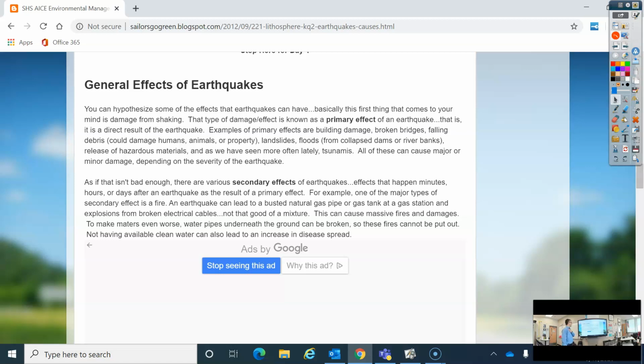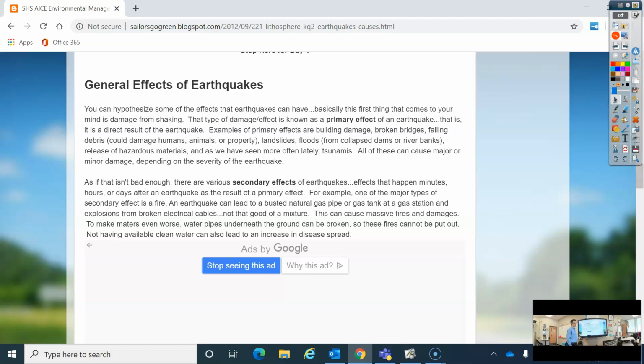For example, one of the major types of secondary effect is a fire. An earthquake can lead to a busted natural gas pipe or a gas tank at a gas station, and then if there's any kind of spark, which often happens with an earthquake, that can cause a fire. So that wouldn't be a primary effect, but that would be because the earthquake caused the gas pipe to rupture, then large-scale fires broke out.